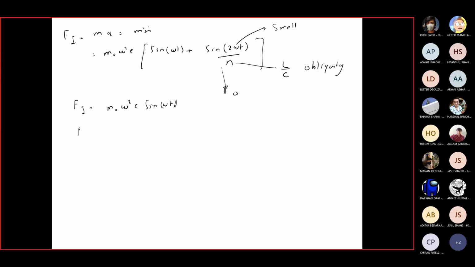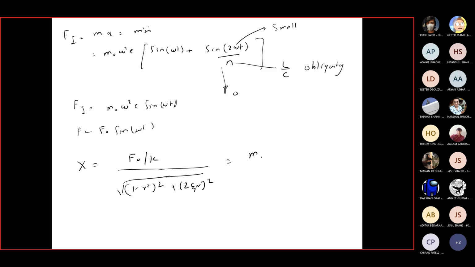Which is similar to our form F equal to F0 sine omega t. So X, that is the steady state amplitude, I can write as F0 by K divided by square root of (1 minus r square) whole square plus (2 zeta r) whole square. Substitute the values: F0 is equal to M0 omega square e, divided by K is m omega n square, and divided by the same square root.